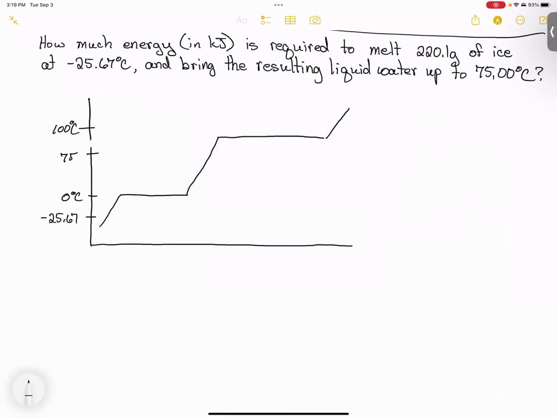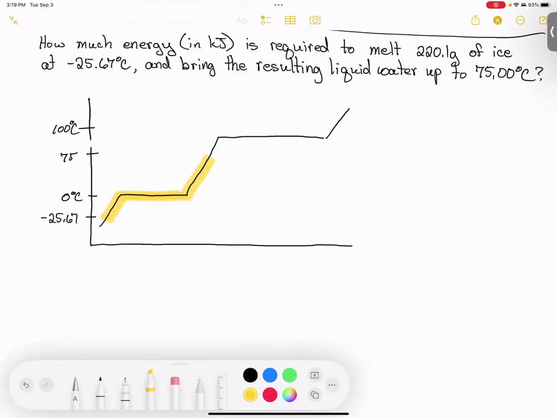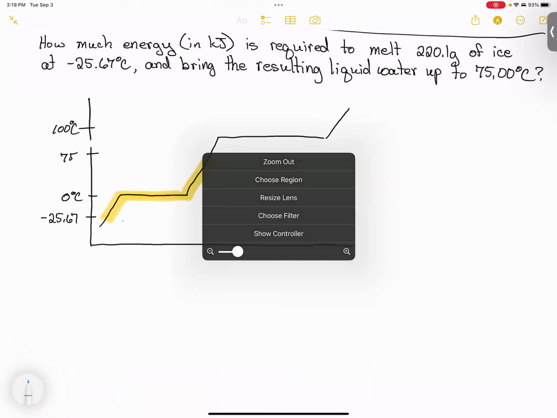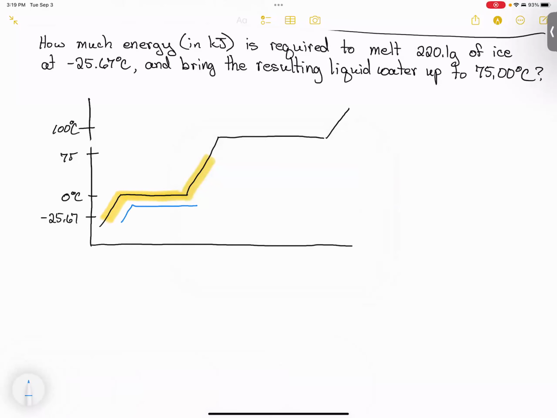This is just there to help us. So in other words, we are going from negative 25 up to 75. And we are traveling in a positive direction.